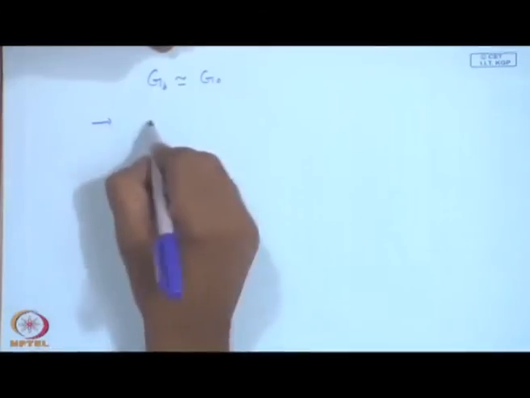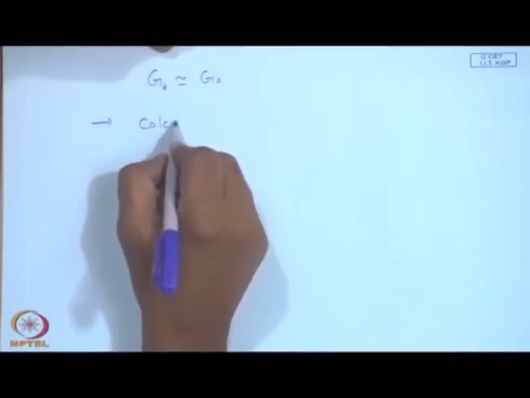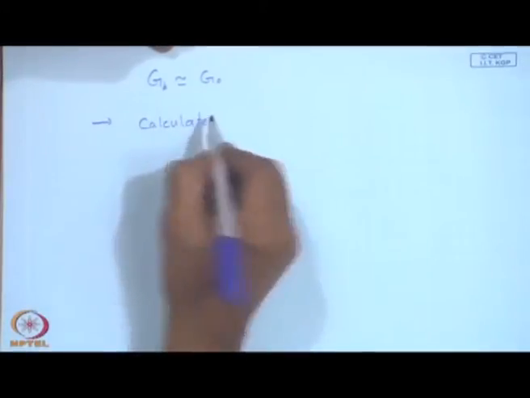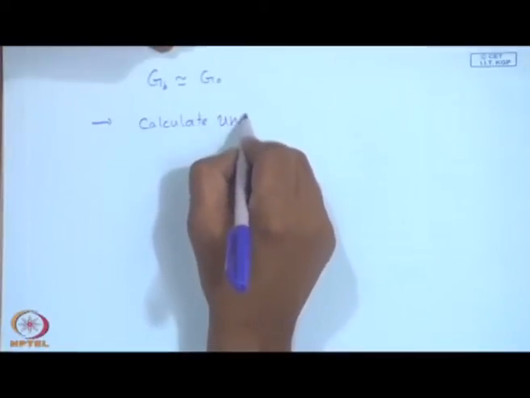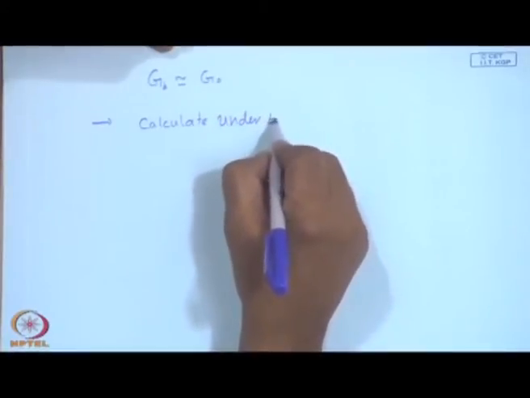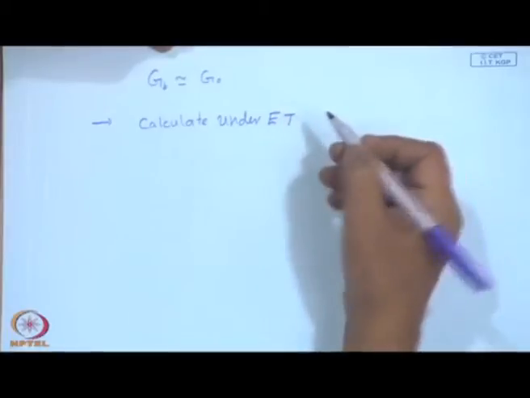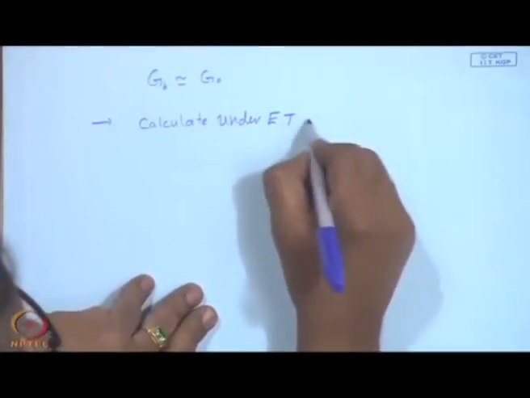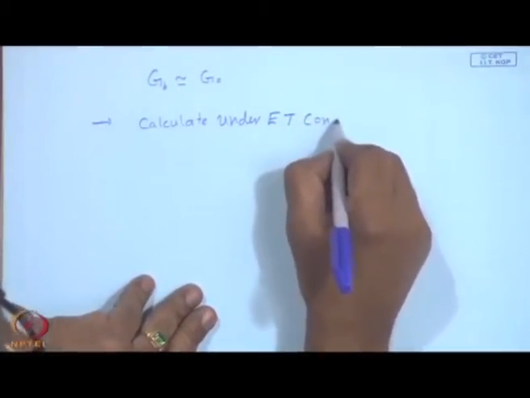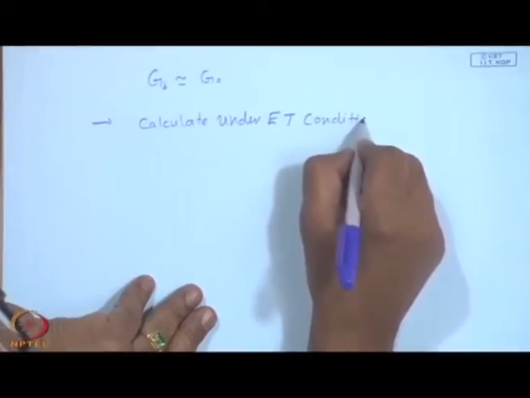That means calculate under E t. Now, I shall use this short form for extraterrestrial condition.